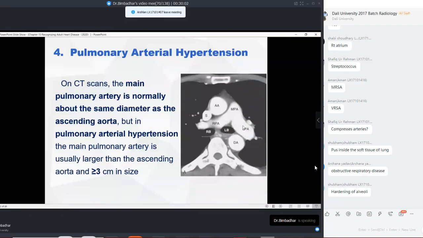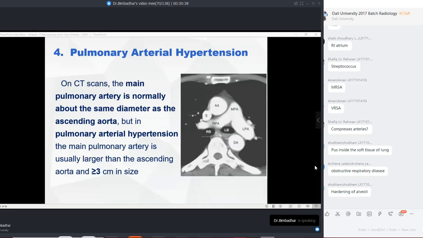Let me show you that radiograph so that you won't be confused anymore. The definition is the same: an increase in the diameter of the pulmonary artery greater than 3 centimeters on a chest radiograph.